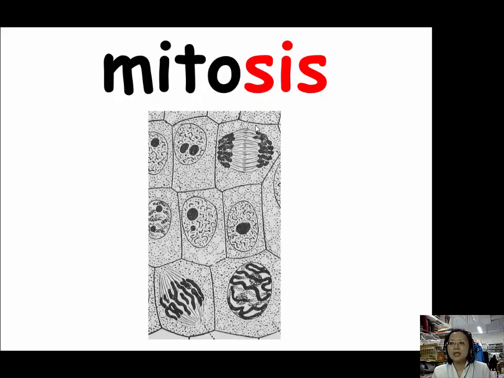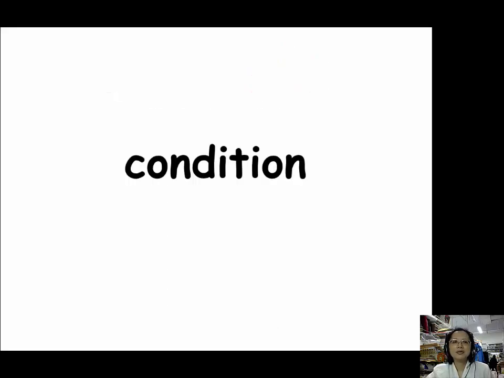Together, mitosis and cytokinesis are called the mitotic phase of an animal cell cycle, which is also called M phase of the cell cycle. Let's review what we just learned. For condition, we have three suffixes to use: IA, ISM, and SIS.